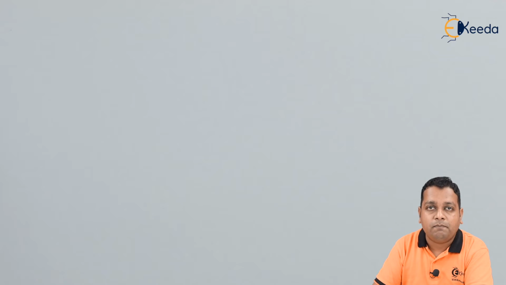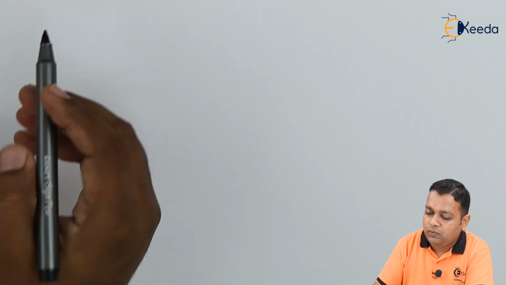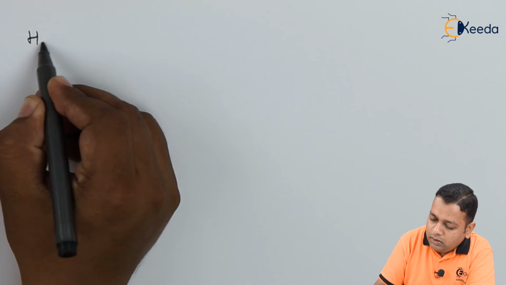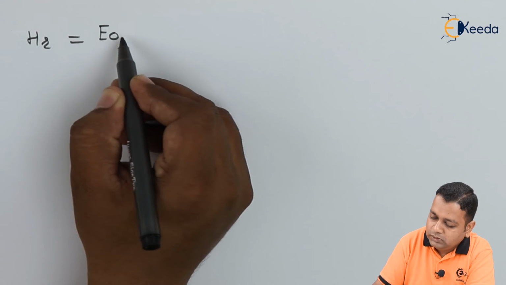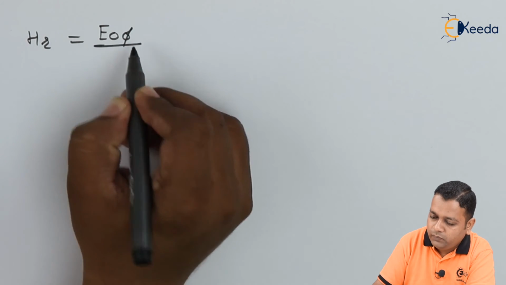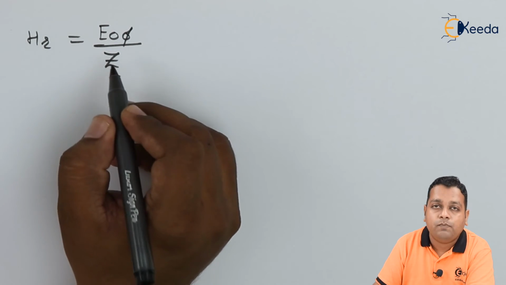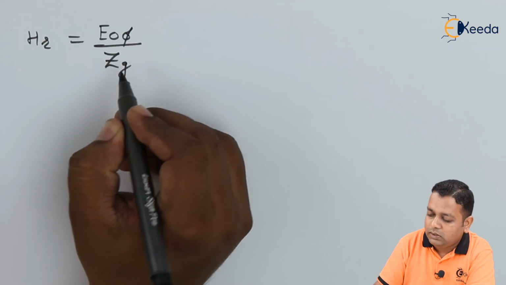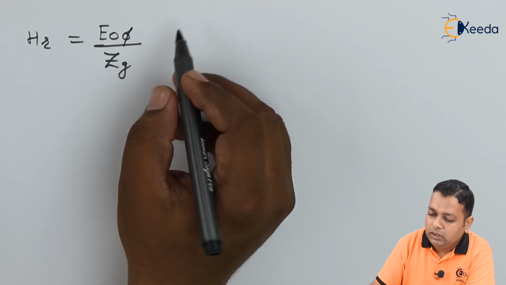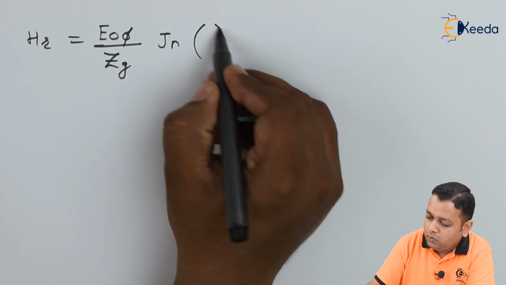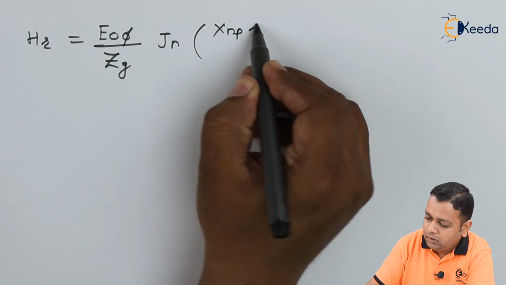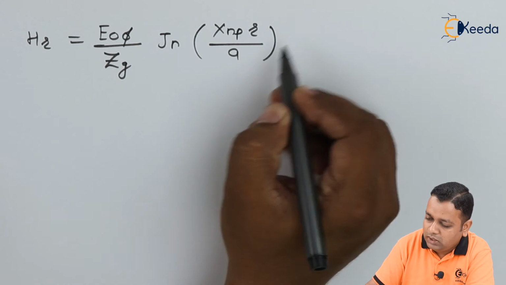Now for the magnetic field intensity vector, we have the first component Hr expressed as E0 phi divided by the impedance inside the waveguide Zg, in multiplication to the basis function Jn over Xnp r divided by small a.